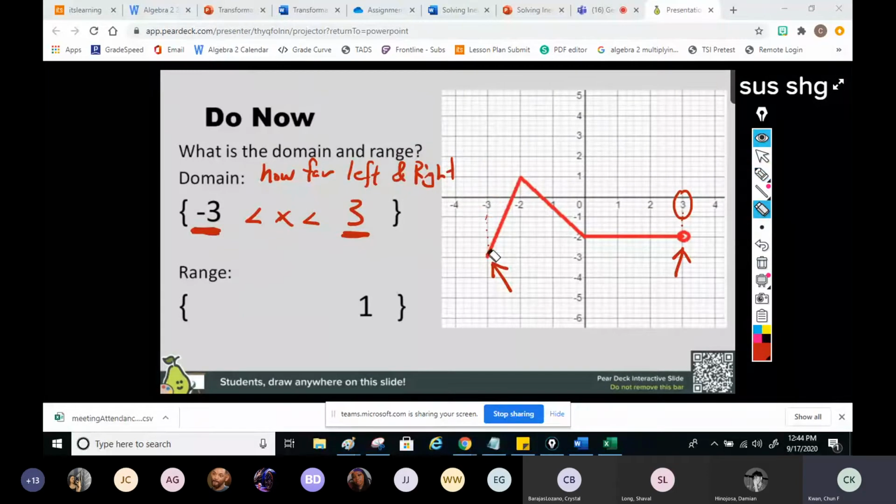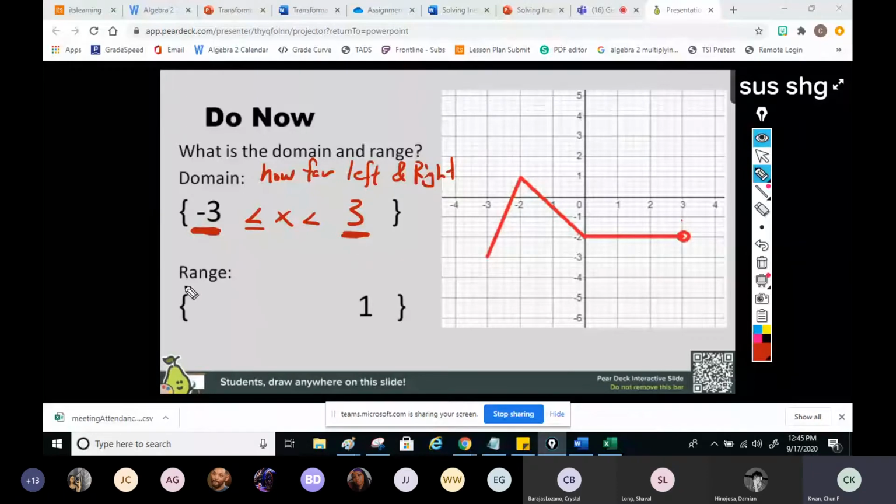So when you look at the line right here, how it ends, you see an open circle right here. Open circle means the number itself is not included. You do not need the little line down here. But for this end right here, if you don't see an open circle, you will need the equal to line down here. So this is -3 less than or equal to x less than 3.